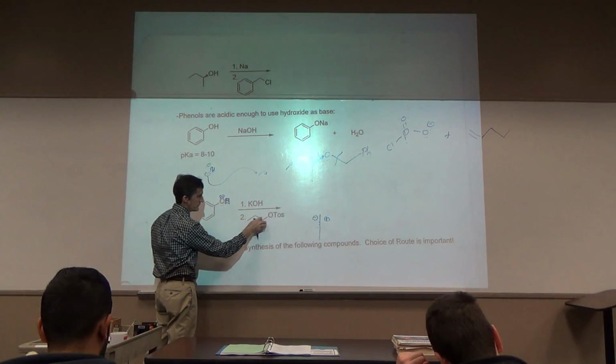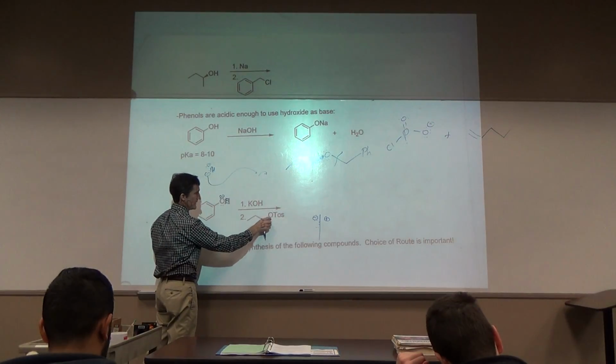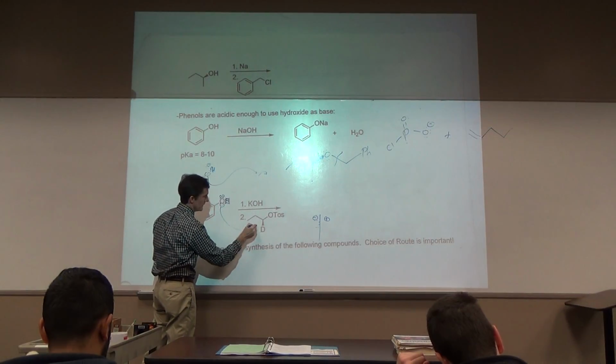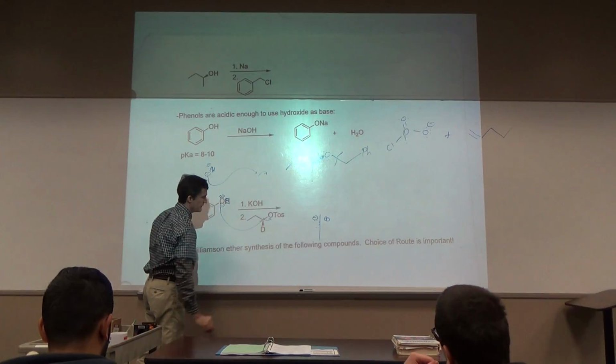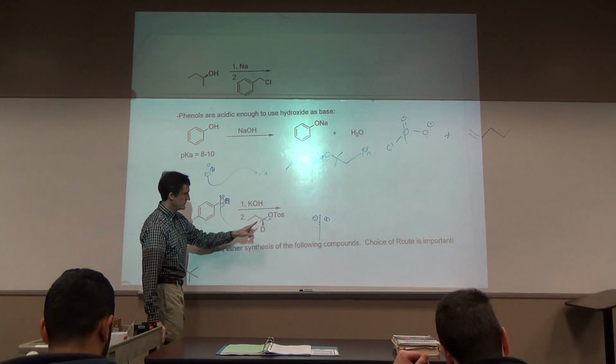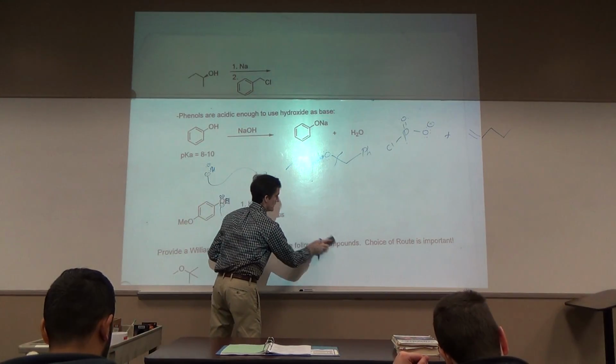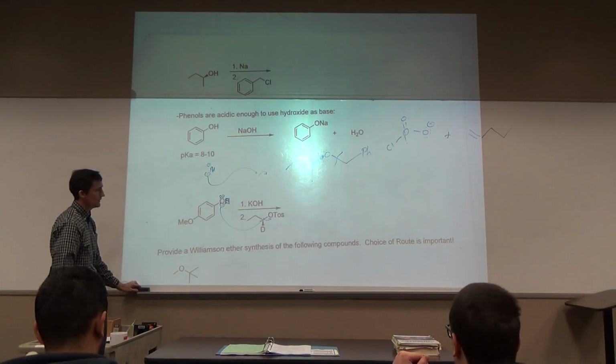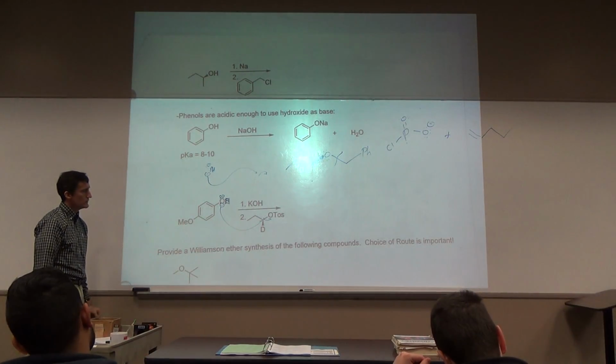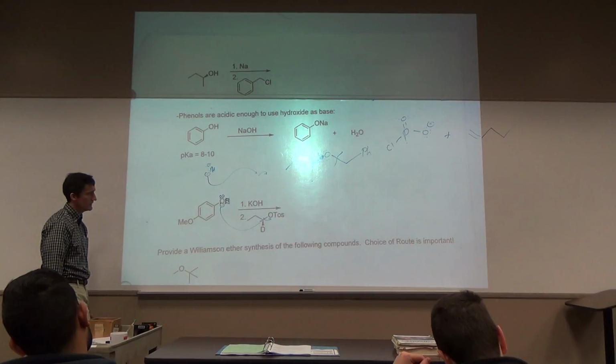Then we throw in a carbon with a leaving group. Do we have that? Yes, we have a tosylate. These electrons come in here, kick off the leaving group. But here we have stereochemistry. So what's that product going to look like?